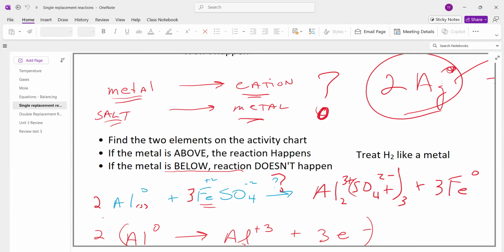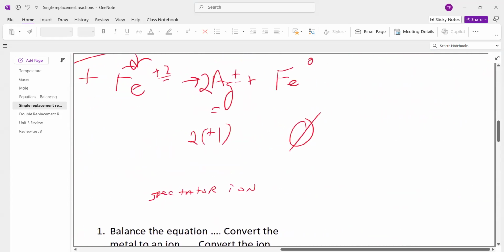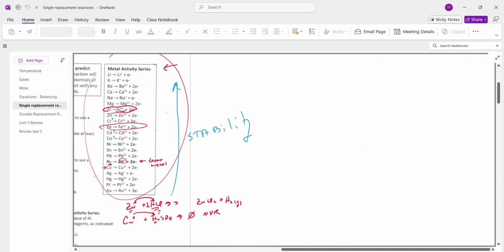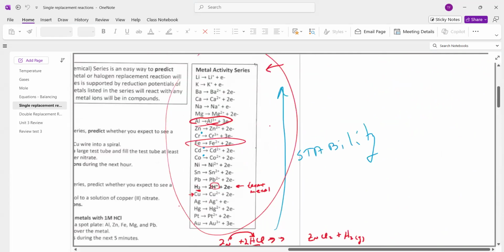So we find the two metals and the reaction in the activity chart. Let's see, where is it now? Where did it go? Here it is.